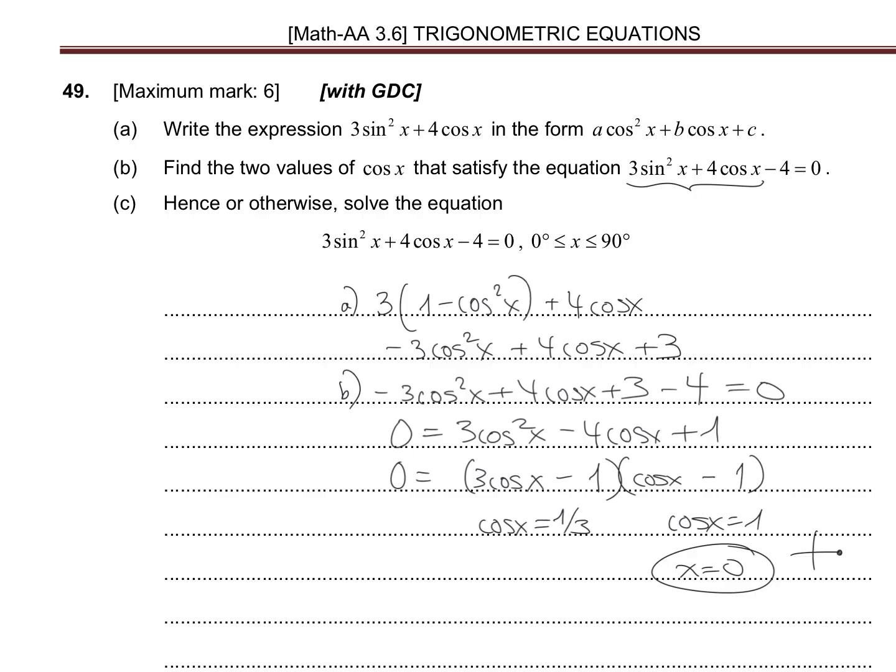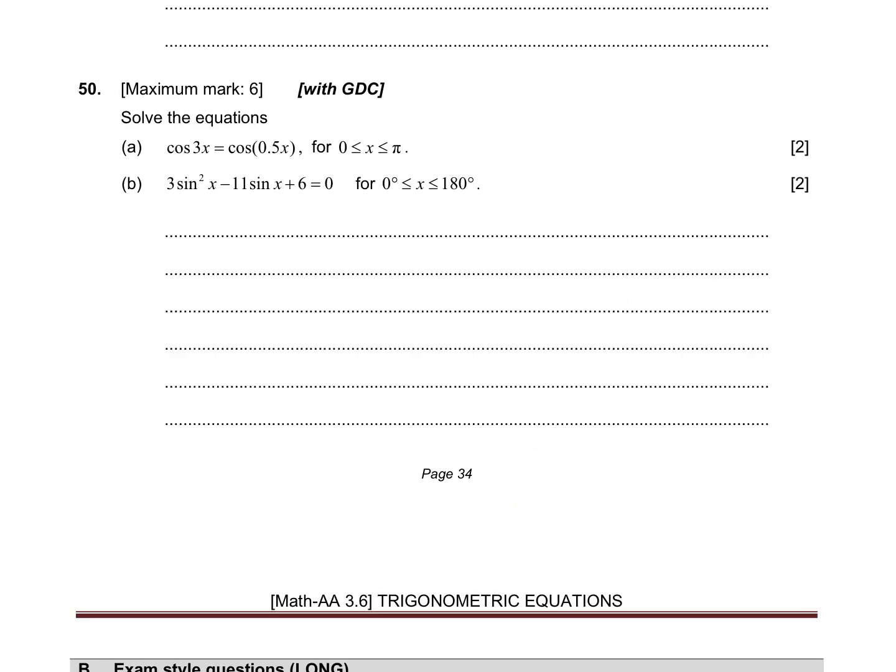Okay, so cosine x is 1/3. We need to take the inverse cosine of 1/3, and that needs to be in degrees. So that ends up being 70.5, and we can just leave it like that because it's in this first quadrant between 0 and 90. So 0 and 70.5.